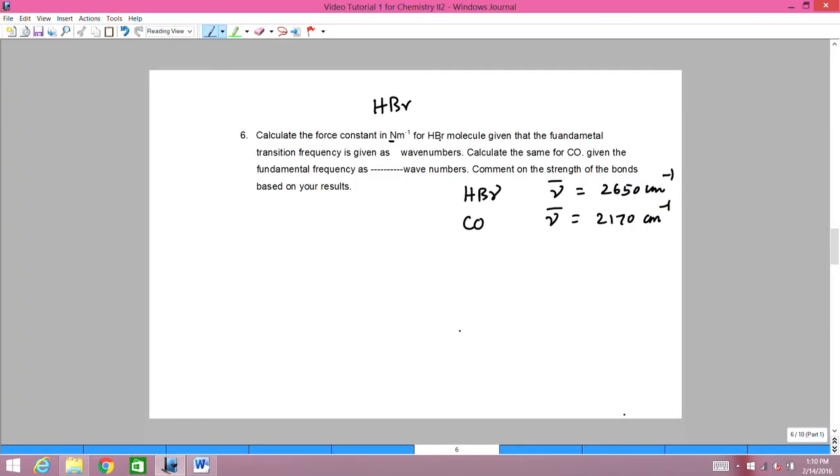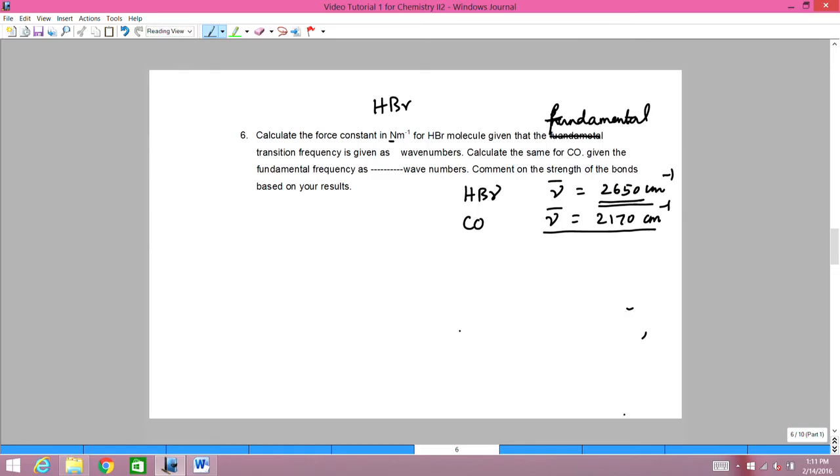Now, the next problem, in this problem we are asked to calculate the force constant in the unit of Newton per meter for the hydrogen bromide molecule, given that the fundamental frequency is given as for HBr it is 2650 centimeter inverse, and also calculate the same for carbon monoxide, that is the force constant, given that the frequency is given as 2170 centimeter inverse.